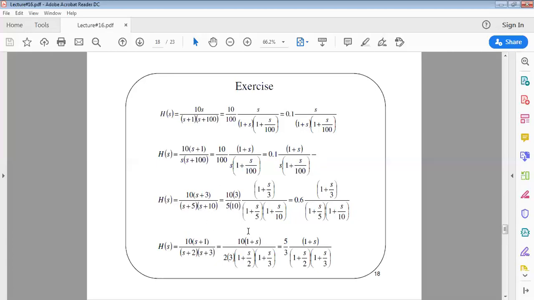And the rest follows. You can have a look at the rest of the questions. There are two more questions here. The answers for these exercises have been given in the next slides. You can try to understand how I plot these transfer functions.